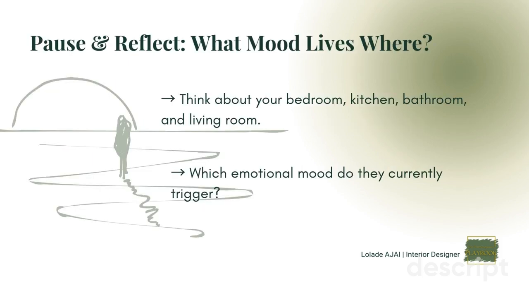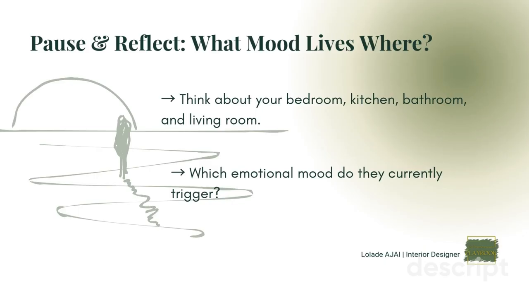Now, before we move forward, let us do a quick exercise. Take a quick pause and think of the rooms where you spend the most time. It could be your bedroom, your kitchen, your bathroom, or even your living room. And then ask yourself, what mood do they currently evoke in you? Is it calm? Is it chaos? Is it energetic?